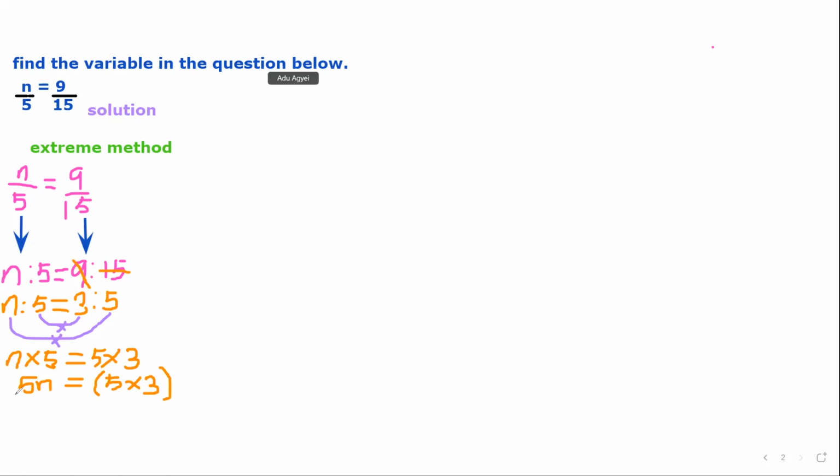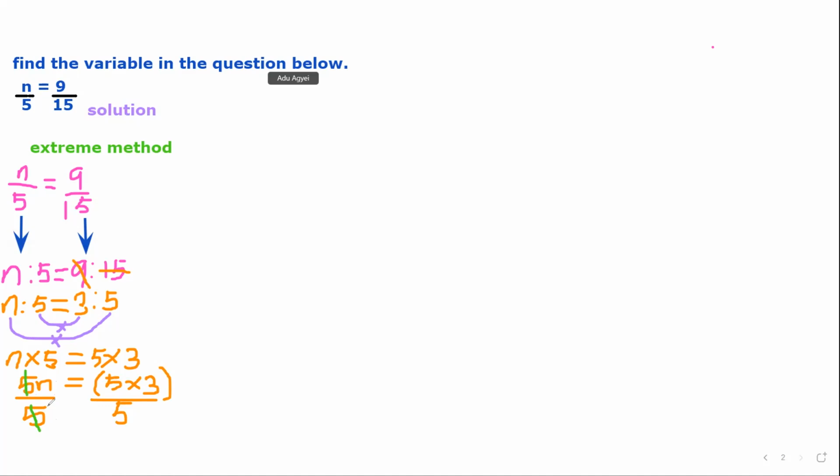So you divide both sides here by the number attached to the letter, so that the letter will be free. So the number attached to the letter here is 5. You divide both sides by 5, and here too is 5. Then you do your cancellation. This 5 here will take care of this 5.